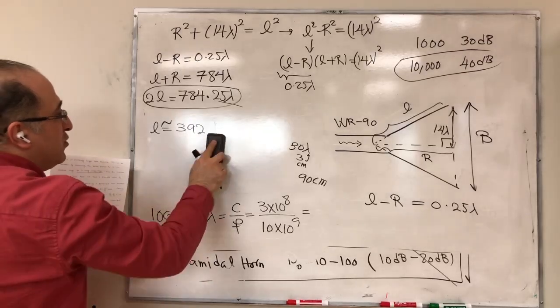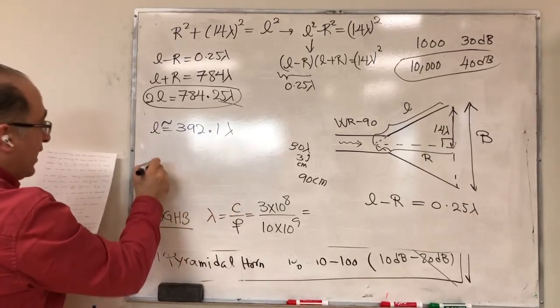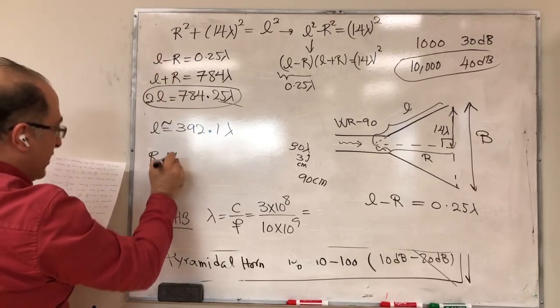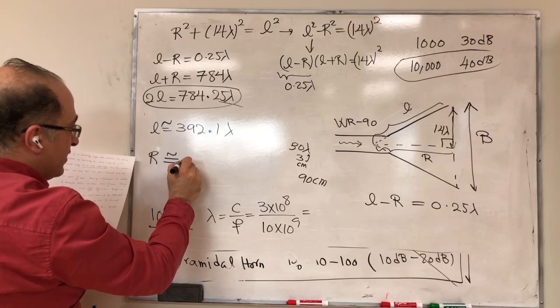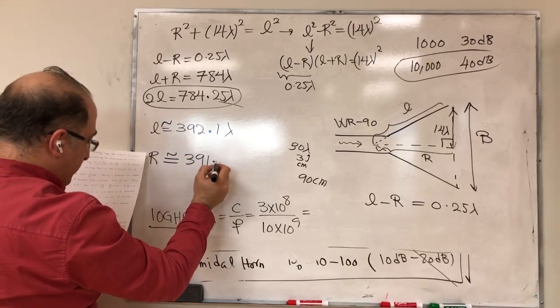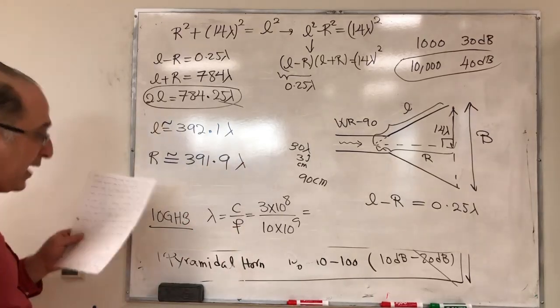Maybe if I use the decimal point, it's not a bad idea, 392.1 lambda. And once I have L, I can find my R, approximately 391, if I go with one decimal point, 391.9 lambda.